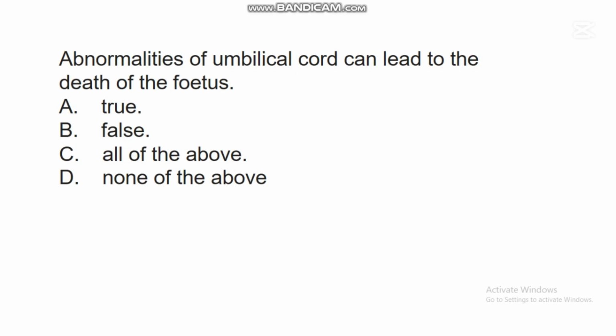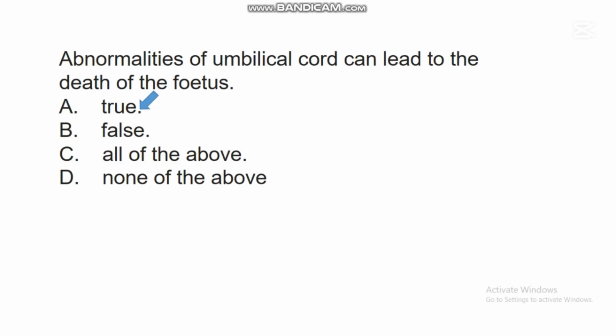The next question says, abnormalities of umbilical cord can lead to death of the fetus. A. True. B. False. C. All of the above. D. None of the above. In this question, the correct answer is A. True.